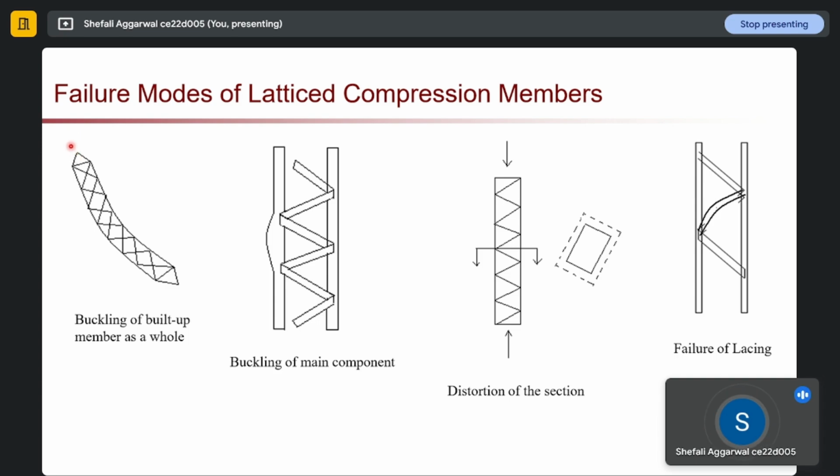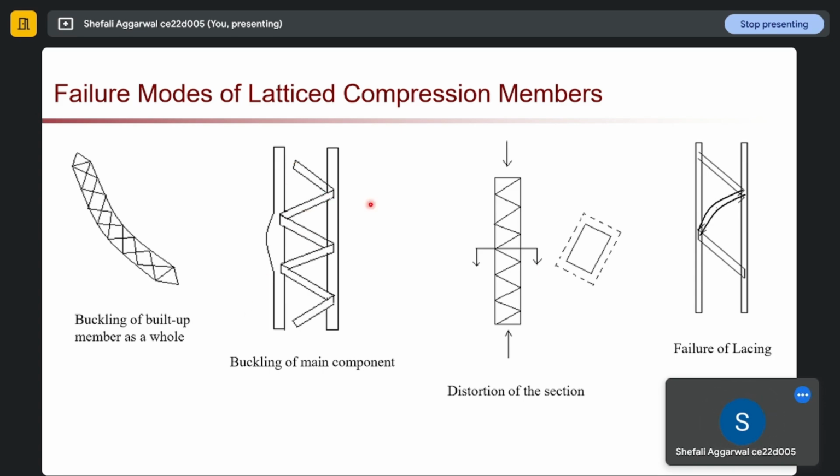If some load is applied from both ends, buckling can happen in the complete compression member. Or secondly, there are chances that the main component of our compression member fails. If there is a failure in the main section, the lacing will come off.